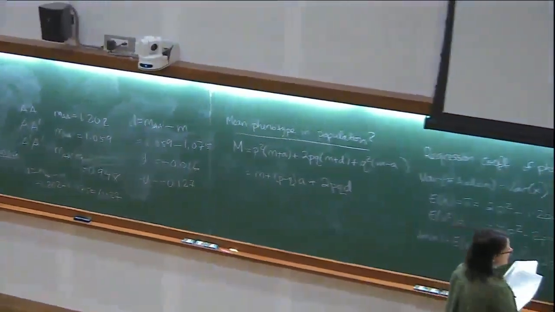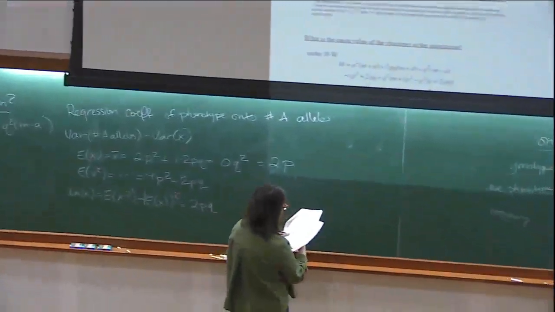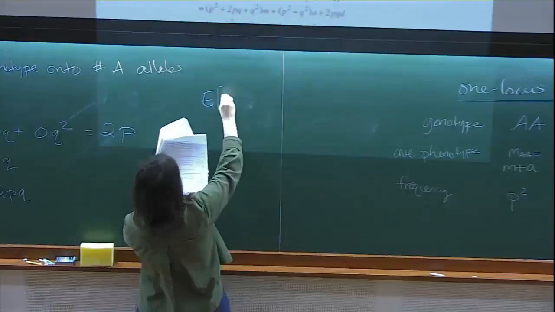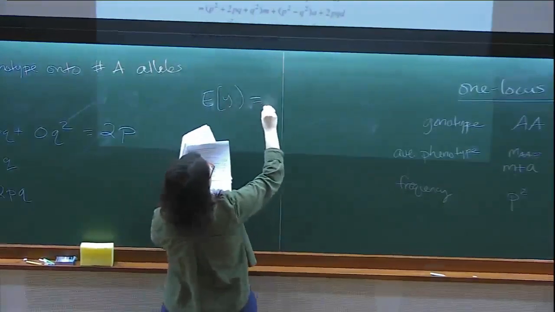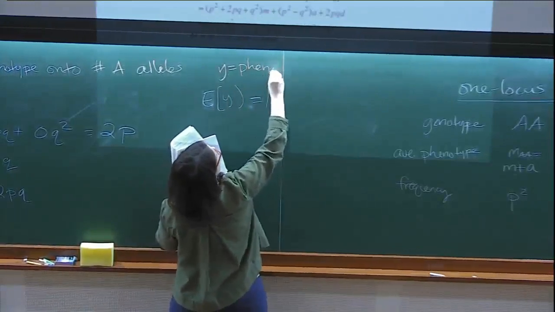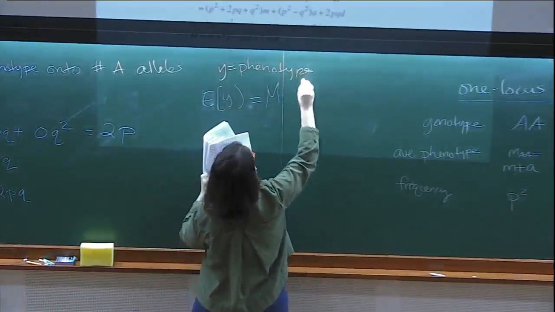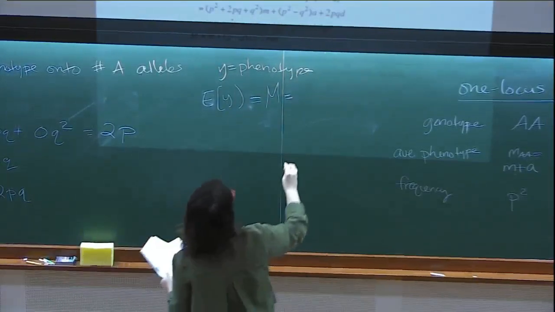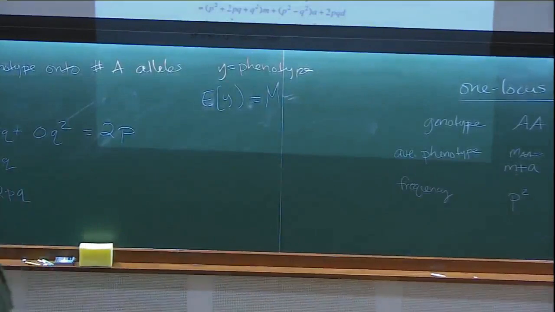We also need the phenotype. So we'd like to know the mean phenotype. That's easy, we already found that. So let y equal the phenotype. We already found the mean phenotype over there, so I'll just write M, but this is it here.